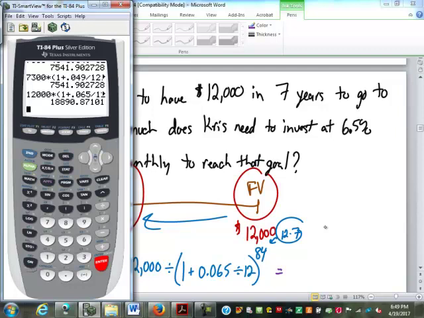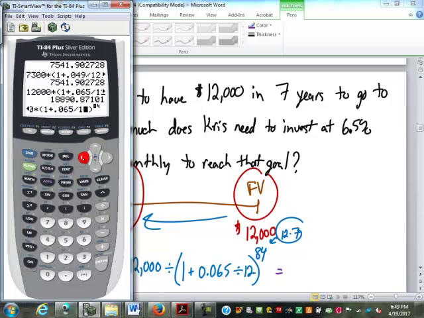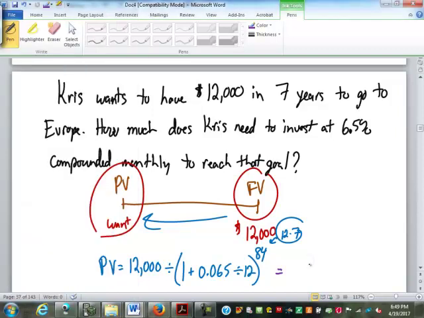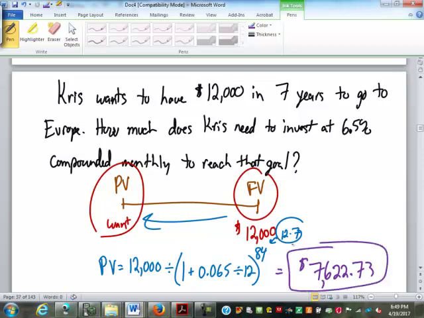Oops, I did times instead of divide, didn't I? That won't work so well. Okay, let's do this again. There we go. 76, 22, 73. There we go.